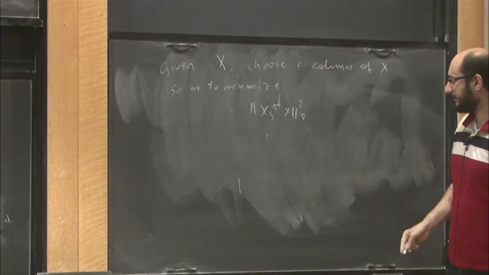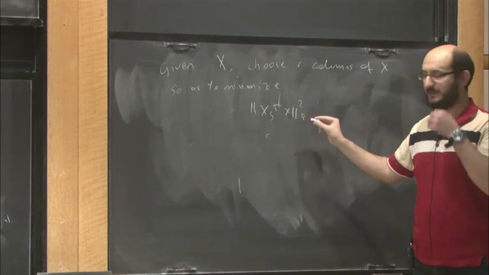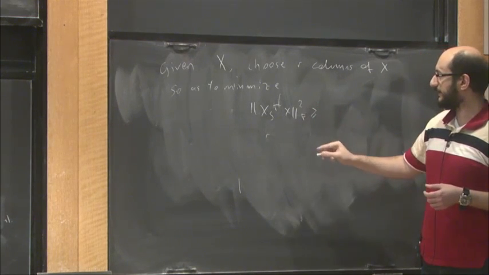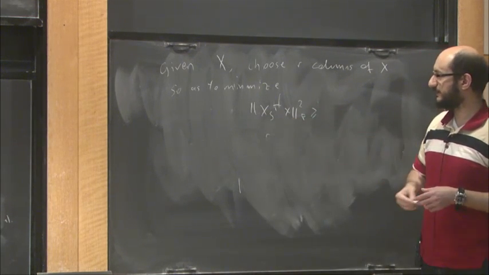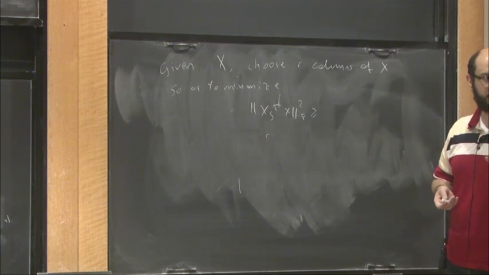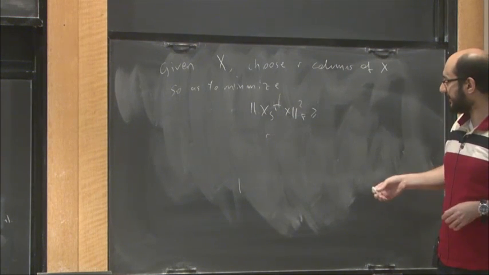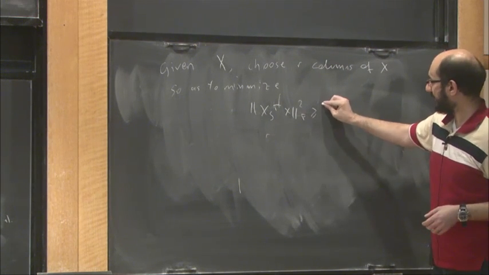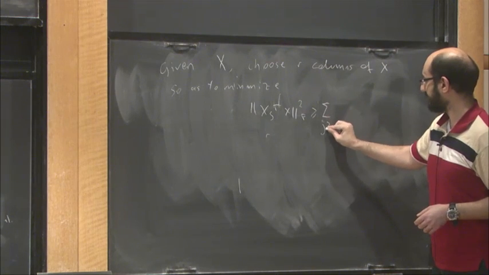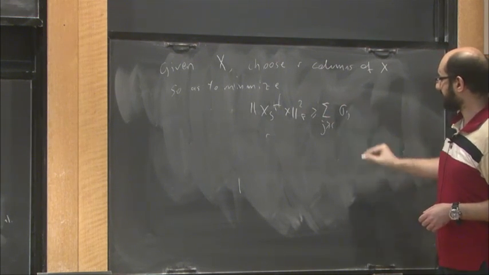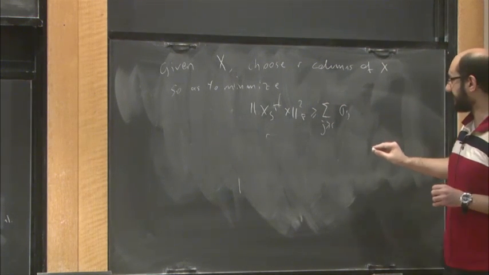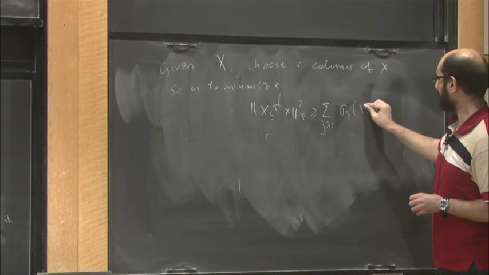And then how small can this quantity be? Well, if I were not restricted to choosing columns of X, if I were able to choose any rank R matrix, then this will be at least the sum of the smallest n minus R eigenvalues of X.